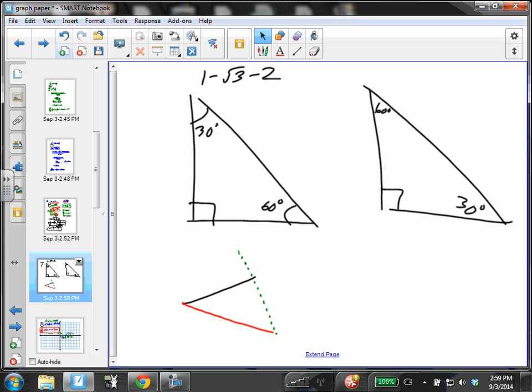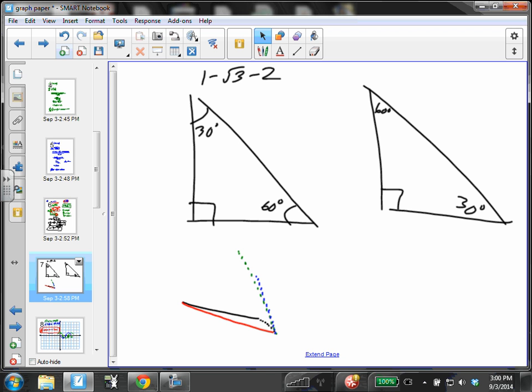But when the angle was open more, I had this dotted green line right here. Now when I close the angle more, guess what happens? It gets smaller to this little blue line. And if I close the angle down even more, guess what happens to this opposite side over here? It gets even smaller. So if an angle opens up really big, the opposite side gets bigger. And if it closes down really small, the opposite side gets smaller.